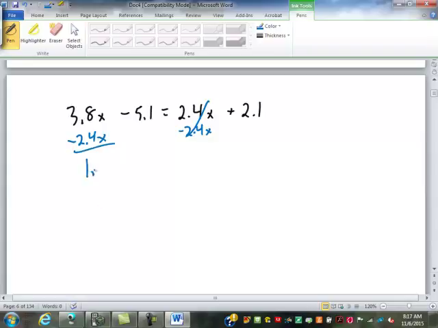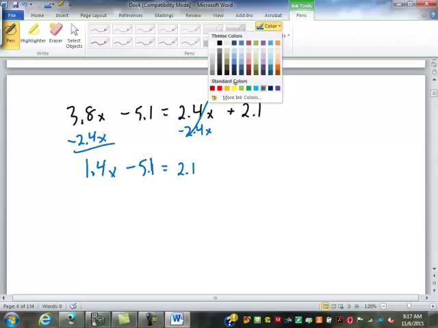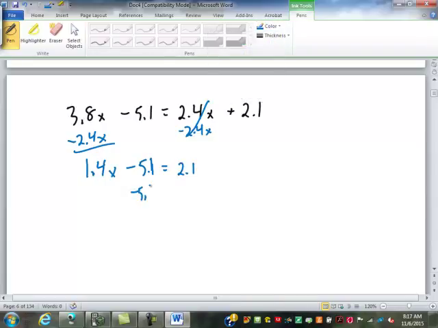Right? So we got 1.4x minus 5.1 equals 2.1. So I'm going to add 5.1. So I've got 1.4x equals 7.2. And then divide by 1.4.